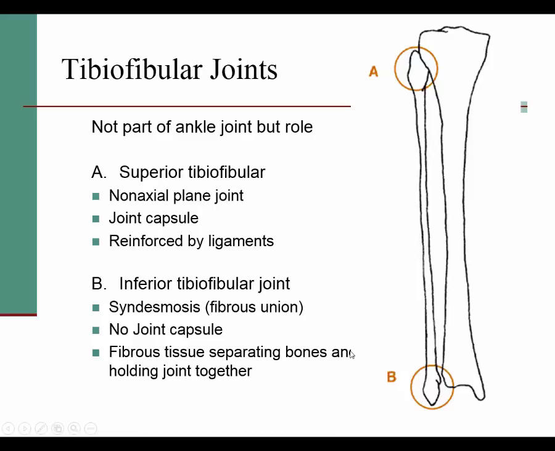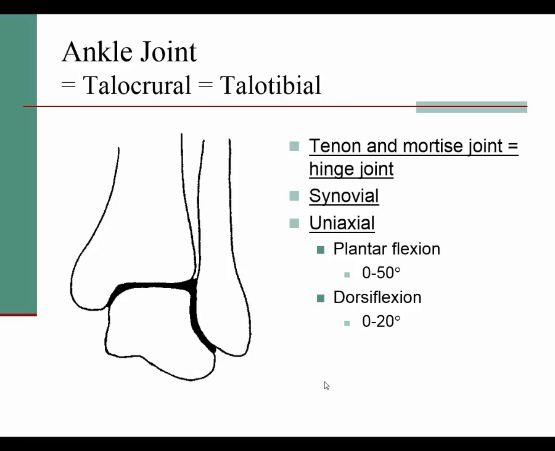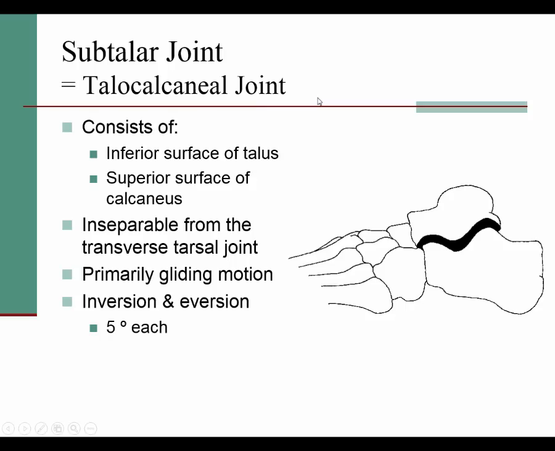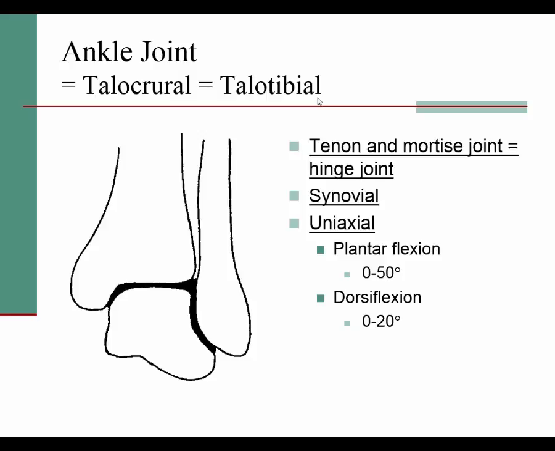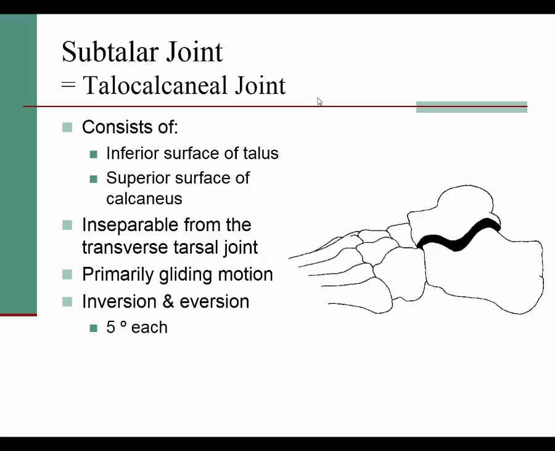As far as the ankle joint goes, we call this the talocrural. We also have the talotibial joint. So what we will do is discuss the different sections of the joint. The talocrural, talotibial joint is synovial and uniaxial.